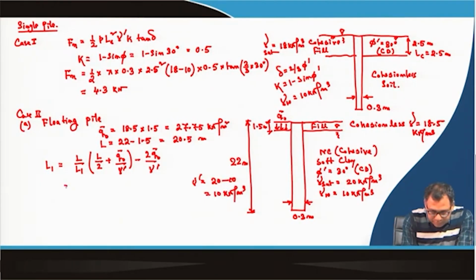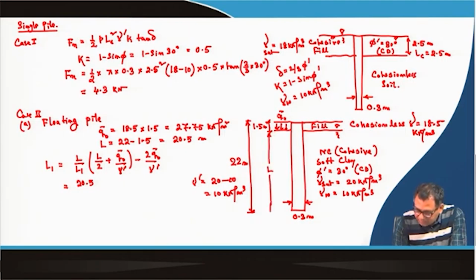So, if I put L is equal to 20.5, and L1 we do not know, that we have to calculate.